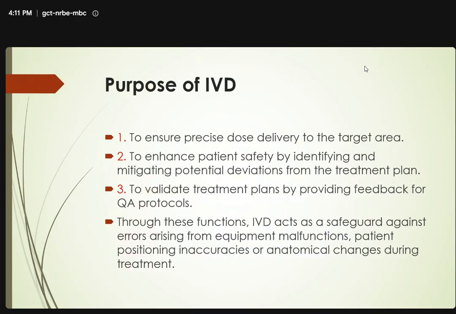And third is to validate treatment plans by providing feedback for QA, quality assurance protocols. So, through these functions, in vivo dosimetry acts as a safeguard against errors arising from equipment malfunction, patient positioning inaccuracies, or anatomical changes during the treatment.